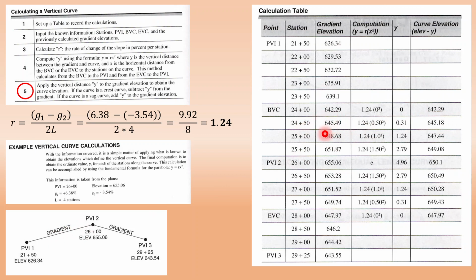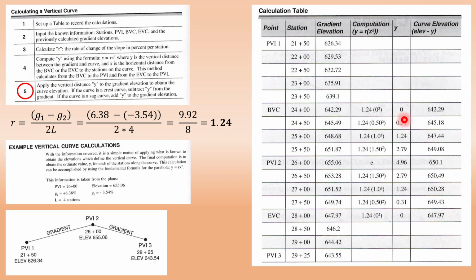And the opposite is true in a sag scenario, where if we had a V-shaped valley with a gradient coming down and going up, you would have a negative G1 and a positive G2, which would give you a negative value ultimately for your R. And if you have a negative rate of change, you're going to have negative Y values.